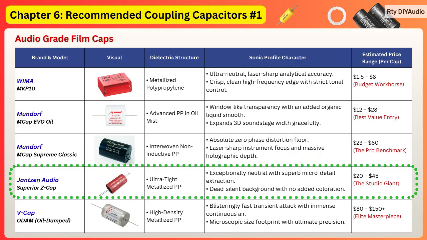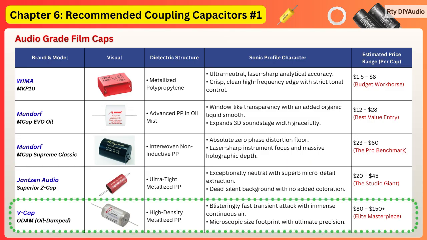Fourth, from Denmark, the Janssen Audio Superior Z-Cap. This ultra-tight metallized polypropylene design is exceptionally neutral, pulling out superb micro-detail extraction from a dead-silent background with absolutely no added coloration. Finally, the Elite V-Cap ODM, or oil-damped metallized polypropylene.